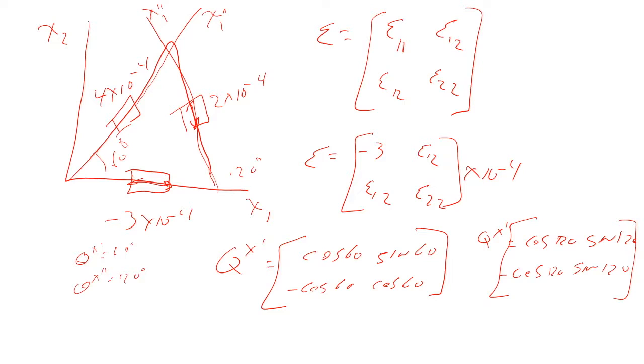So, what we want to do is write epsilon prime and epsilon double prime in terms of epsilon, and then we can solve for our missing components. So what we have is epsilon prime equals Q x prime epsilon Q x prime transpose.